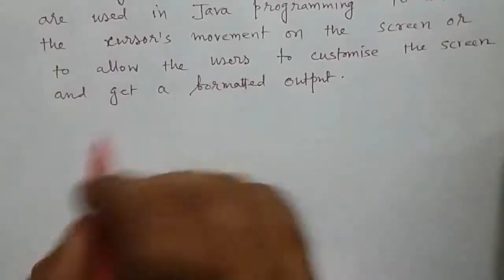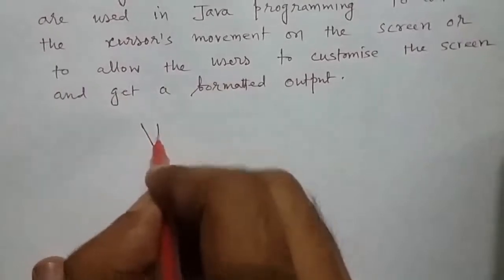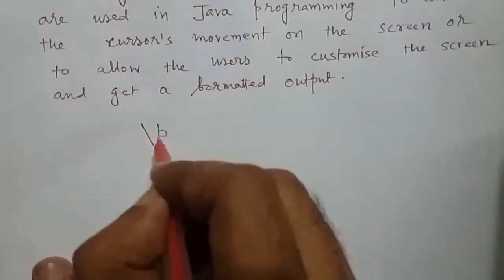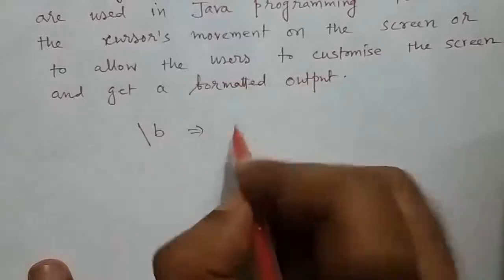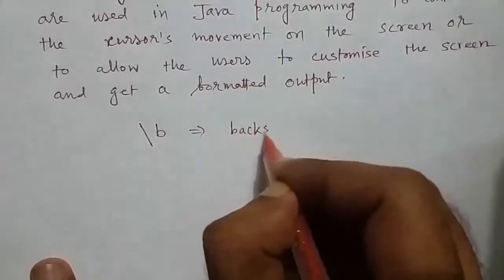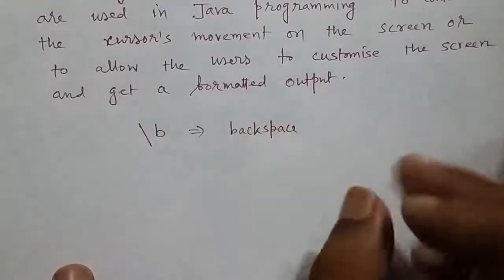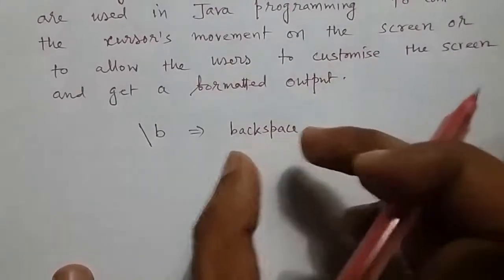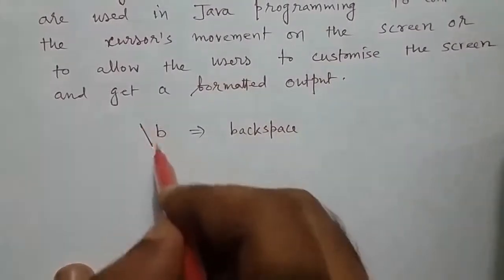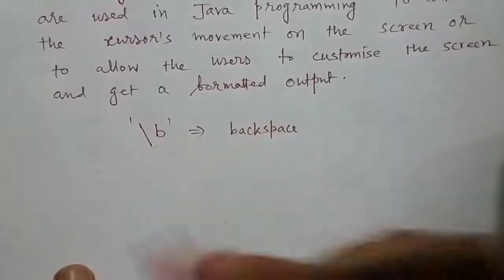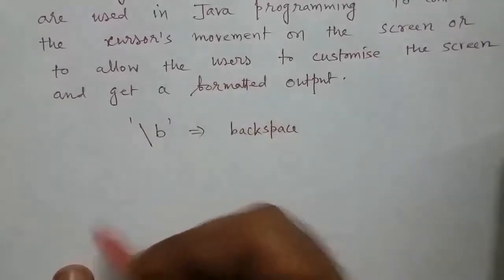For example, backslash b represents backspace. So to effect the working of backspace, backslash b is typed in Java programming.